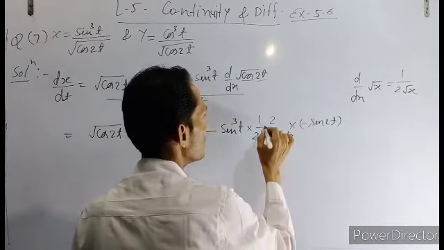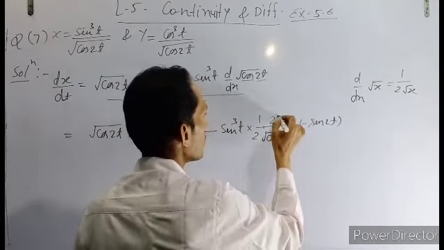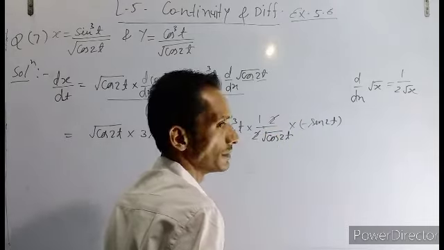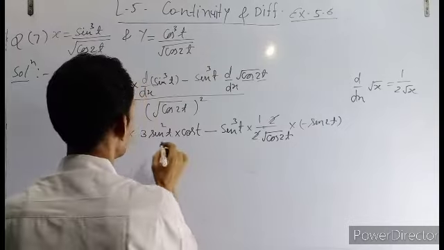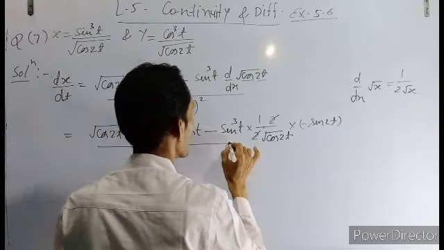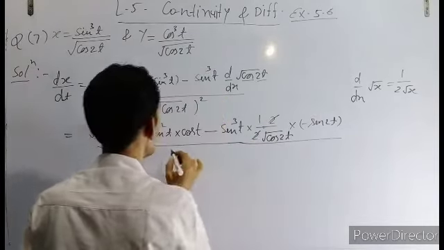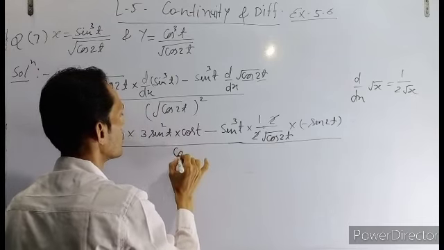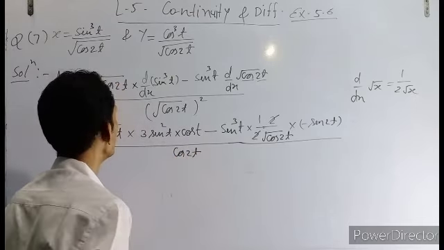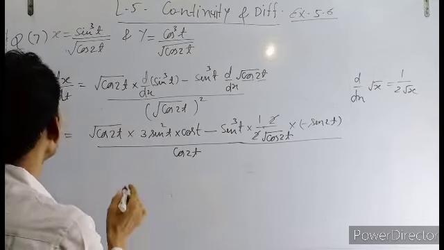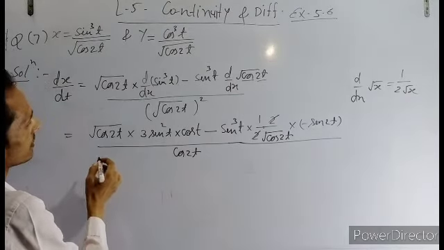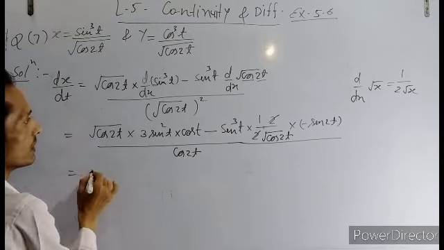You can write the 2 here, and now this 2 will cancel out. After this we just simplify and cancel.